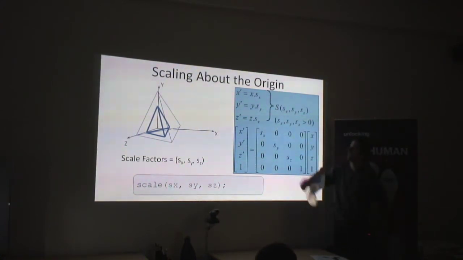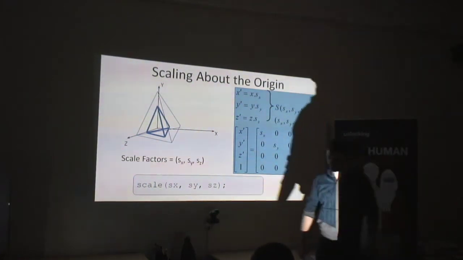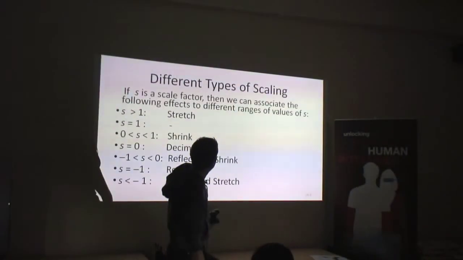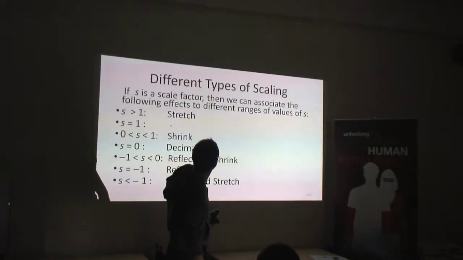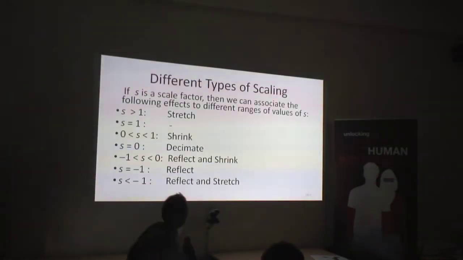And if we write them out in algebraic form, it's x times sx, y times sy, z times sz. And that will scale around x, y, and z. And rotation's coming.